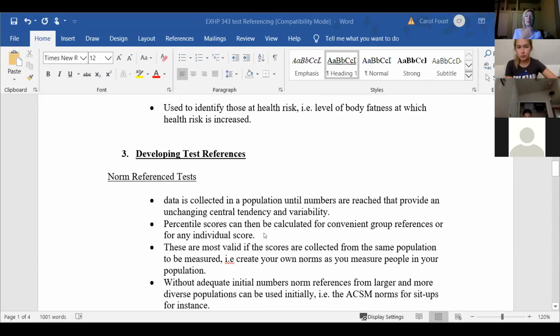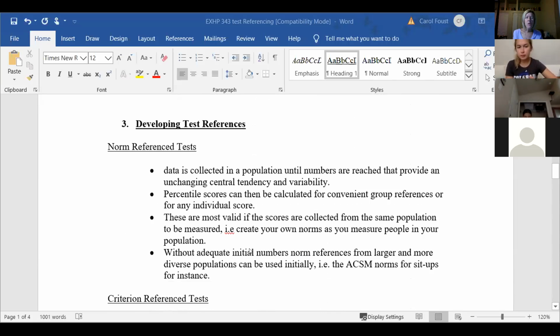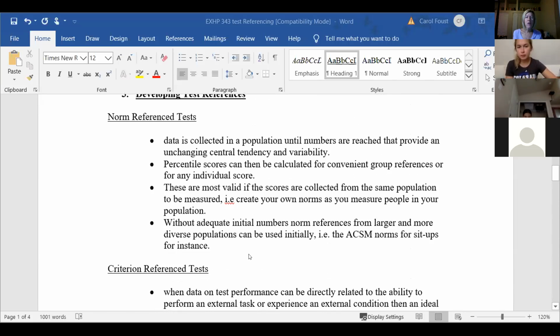Okay, so when we're looking at test referencing, we can collect information in a population, or we can collect a sample. And this gives us an idea about how we can create group referencing.